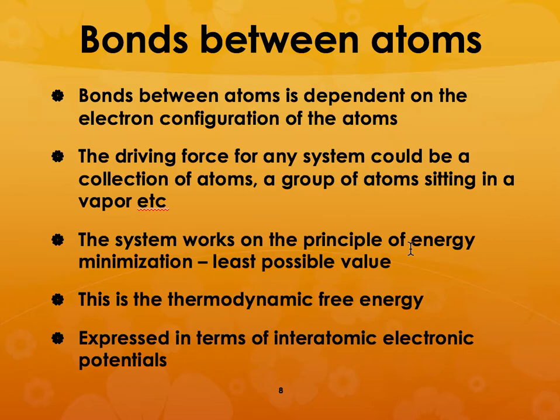And the driving force for any of those systems, which could be a collection of atoms, a group of atoms sitting in vapor, etc., works on the principle of energy minimization, which will be the least possible value, which is the noble gas configuration, like argon, helium, etc. That will give you the least amount of free energy, which is what the materials will try to do.